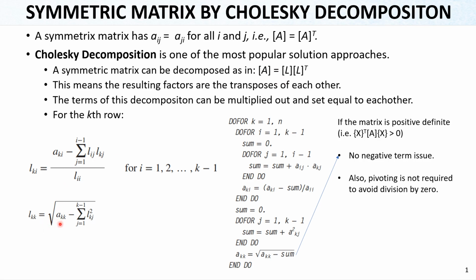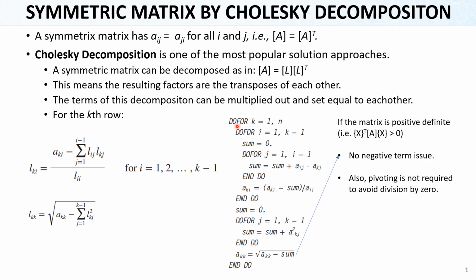Here is the diagonal of A, and here the diagonal of L as well, and here the other values of L. Here k is the row, the kth row of the L matrices, and i goes from 1 to k minus 1. So that's why i is different. Also j is the columns of the L matrices.